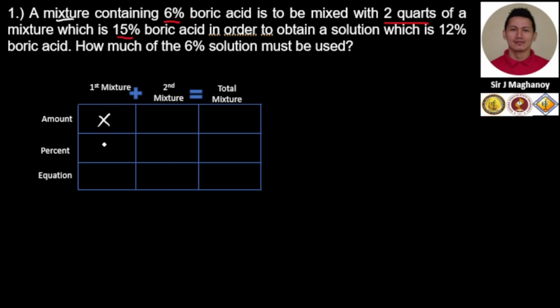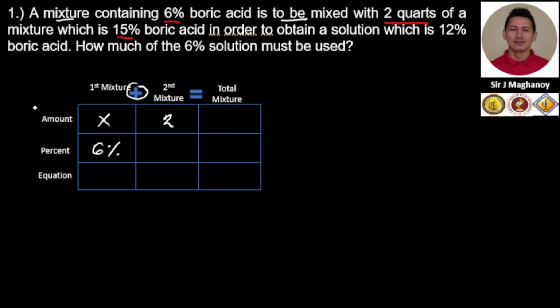So, what is the percent? That is 6%. How about the second mixture? To be mixed means to be added. That's why the two mixtures are summed. To be mixed with 2 quarts. What is the amount? 2.